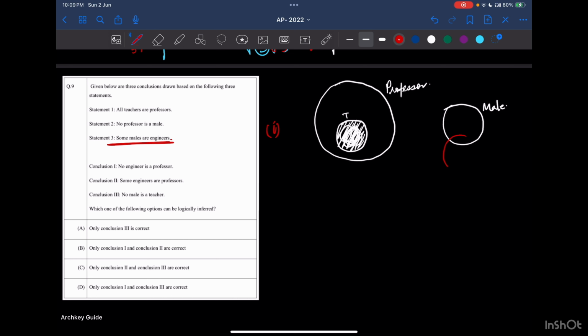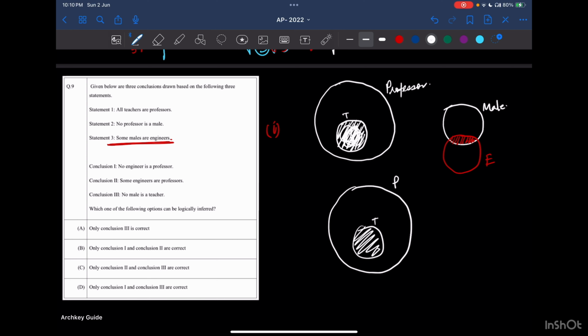Either it can be this, कि engineers ये हुआ, hence these males are engineers, or second case where this is my teachers, where this is my professor, this is male and this engineer. So some engineers are male, but again they didn't mention anything about the relationship between professor and engineer.